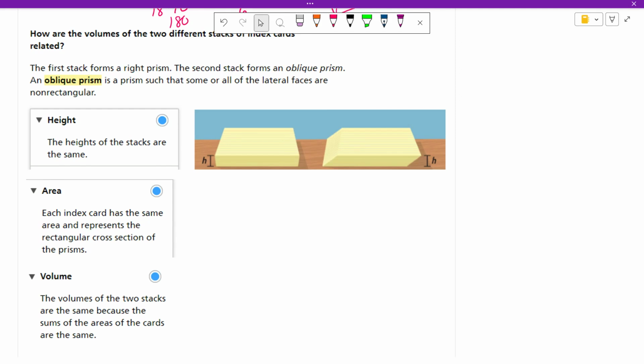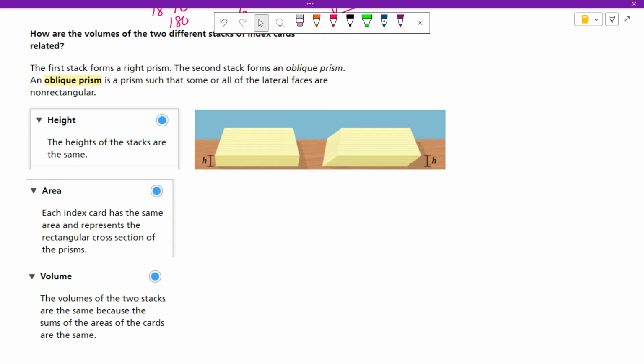Now, if you think about it, I have a whole stack of old relay cards here. We can find the volume by measuring the length times the width times height. So if I lean them over like this, does their volume change? No, the volume doesn't change. Whether it's leaning or straight up and down, the volume's the same.